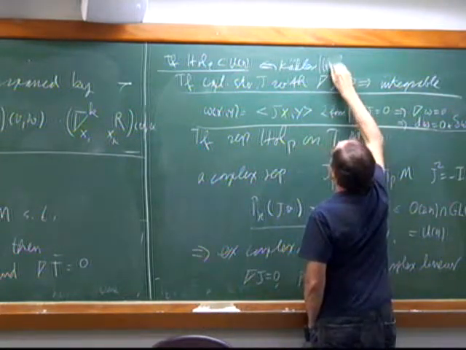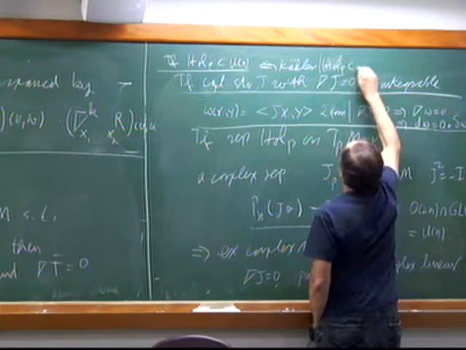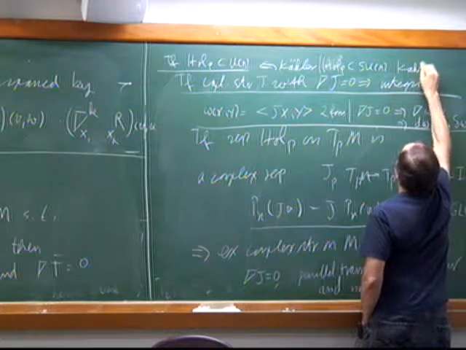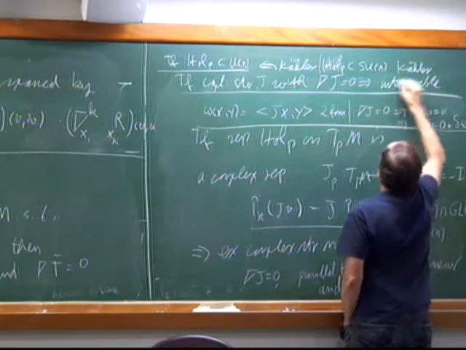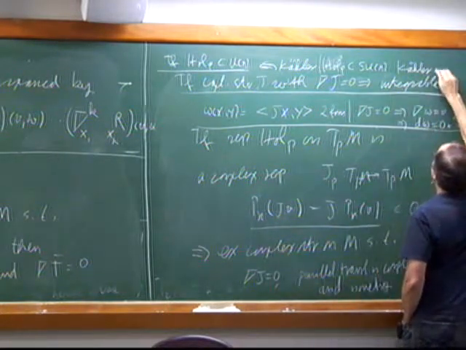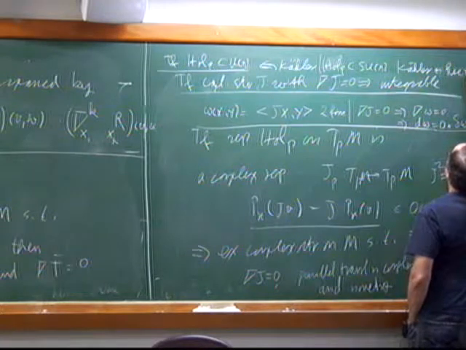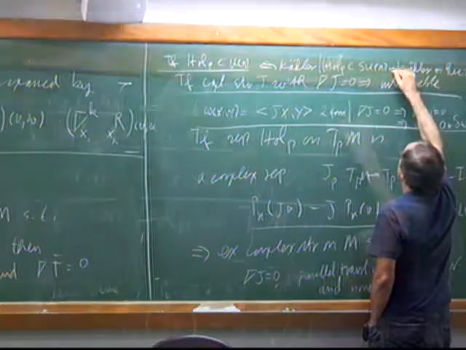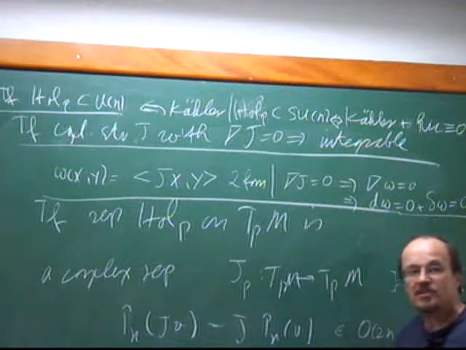Hol(P) in SU(n) is, of course, Kähler again, plus Ricci curvature equal to 0, and that's if and only if. It's a very strong condition.